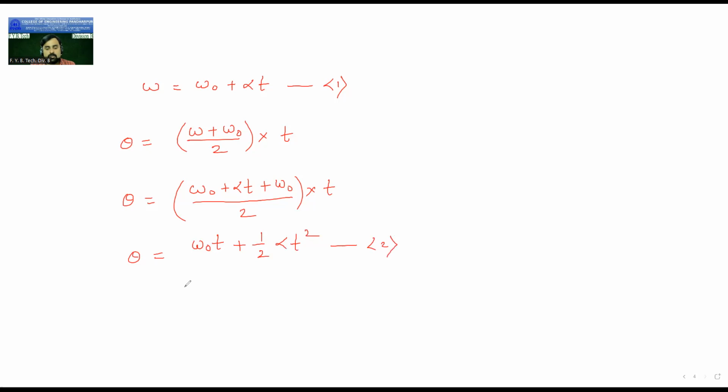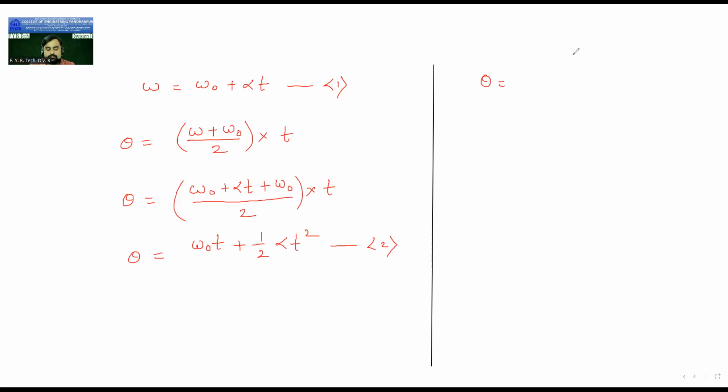Okay. Now for the third equation, we know that theta is equal to what? This is the second equation. Now for the third one, again theta is equal to what?